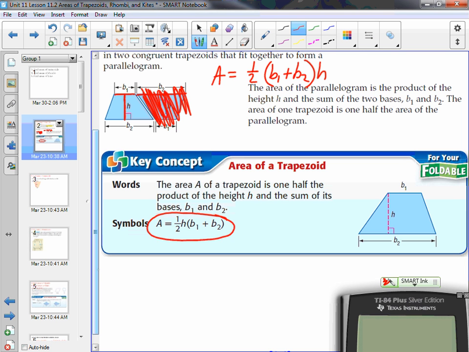Area equals 1/2 times the height times the sum of the bases. Doesn't matter which one you call B1 and which one you call B2. One of the bases is B1, the other base is B2. So area equals 1/2 times the height times the sum of the bases.